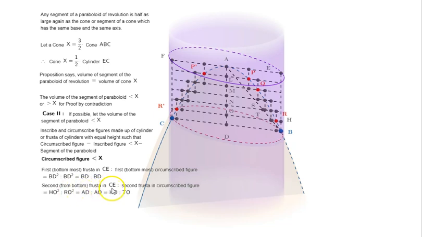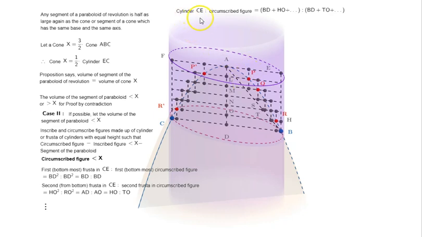Second from the bottom, frusta in C is to the second frusta in the circumscribed figure as HO square is to RO square, which is equal to the heights AD is to AO, which is equal to HO is to TO, the radii of the frusta of the cone. And like this, we can keep going till all the slices are covered.